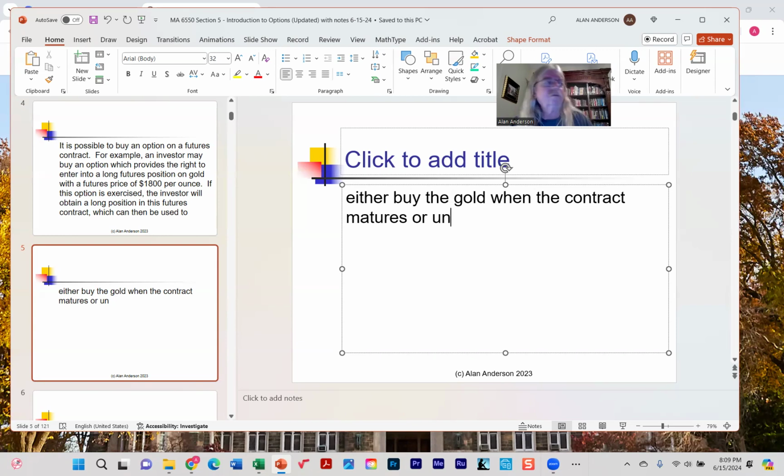So you can either buy the gold when the contract matures, or else unwind the position and collect any profits that may occur.